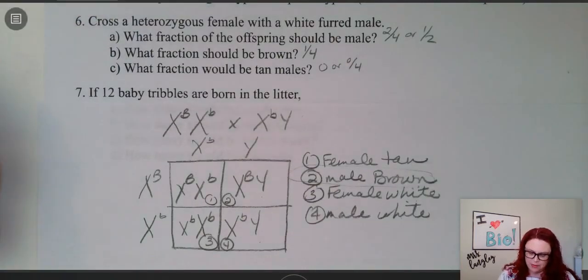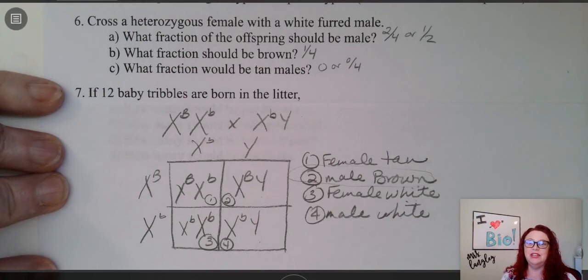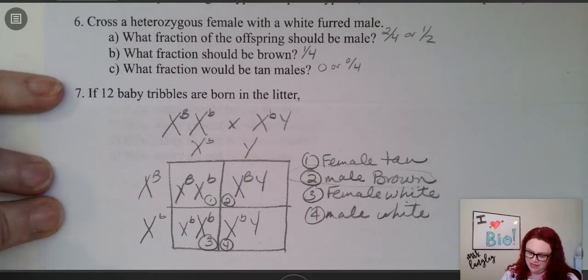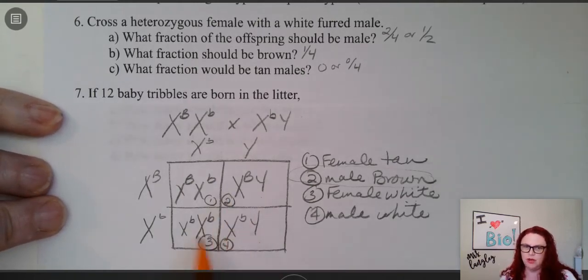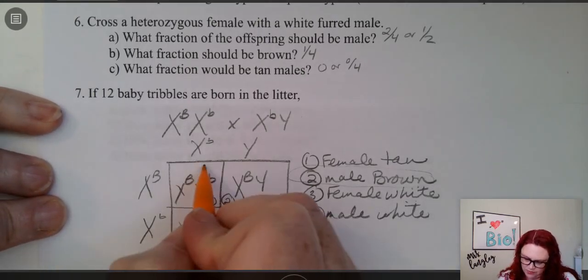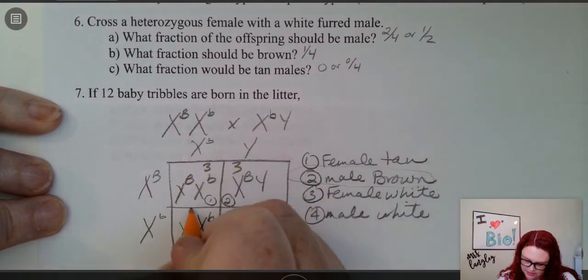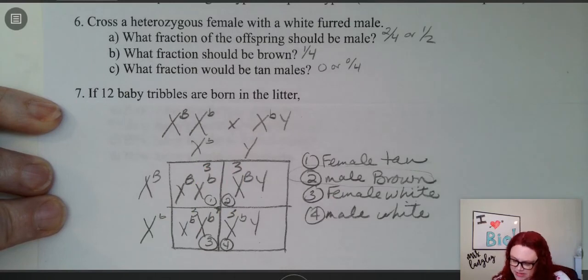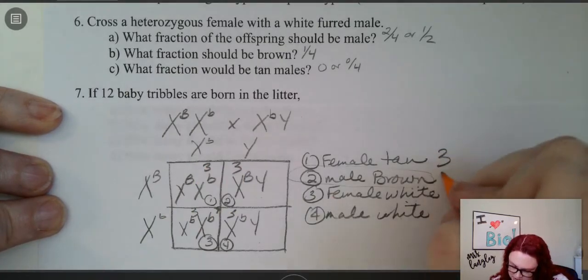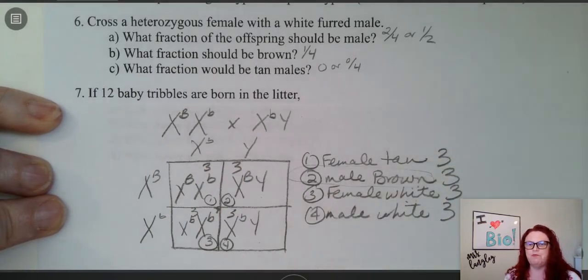Now, if 12 baby tribbles were born in the litter, so in this cross, if I had 12, I would expect them to be divided evenly. So I have 4 boxes. 12 divided by 4 means I would have 3 in each box. That means I'd have 3 of these, 3 of these, 3, and 3.